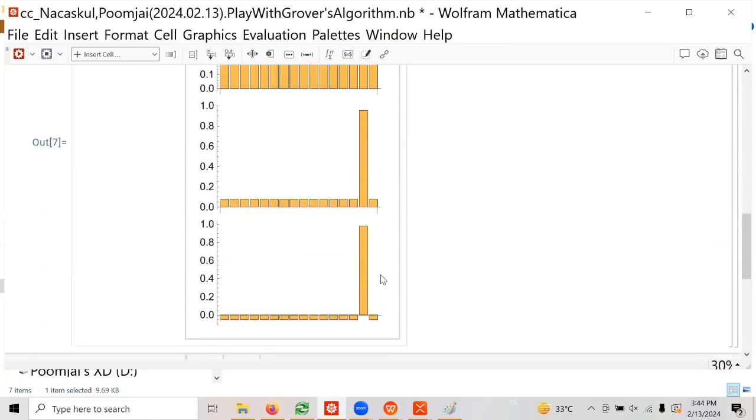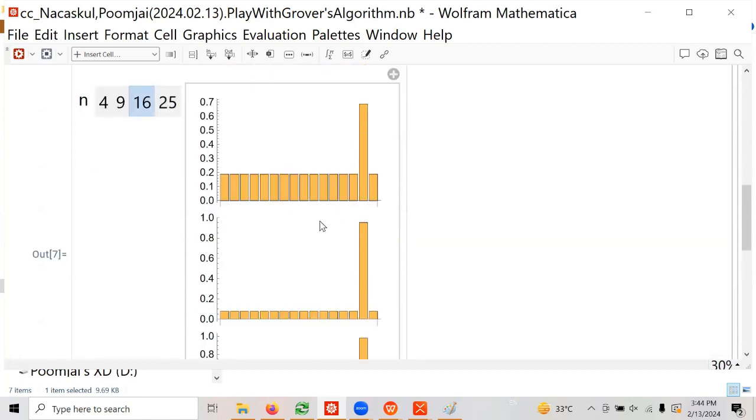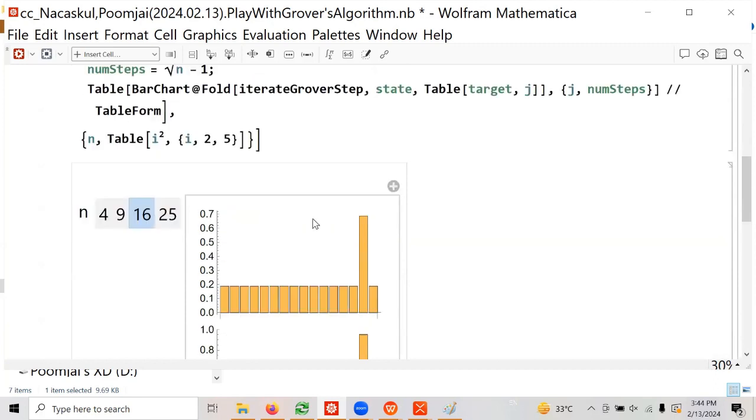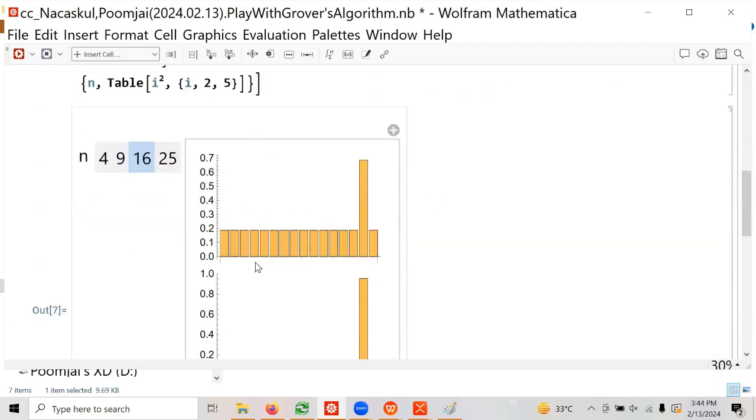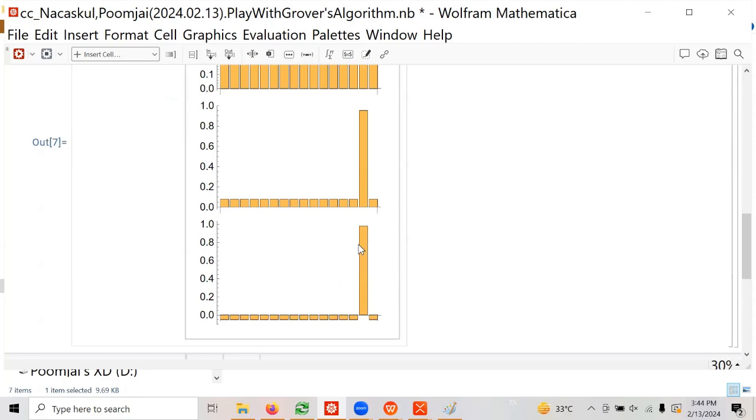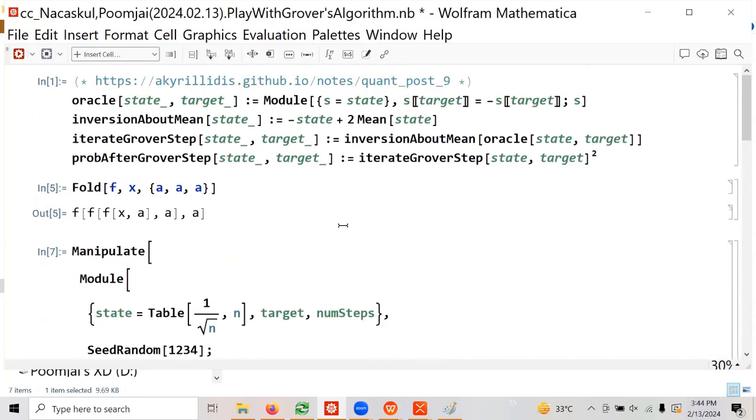Now this is a state, so the probability has to be squared, right? If you square all this up, by the time I make 3 iterations, which is, the square root of 16 is 4, right? By the time you get to the 4th iteration, this guy sticks out. Okay, this is Grover's algorithm.